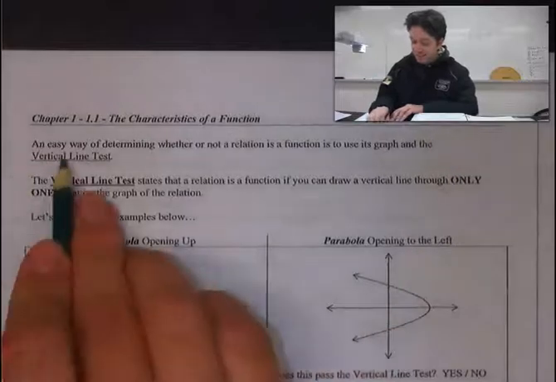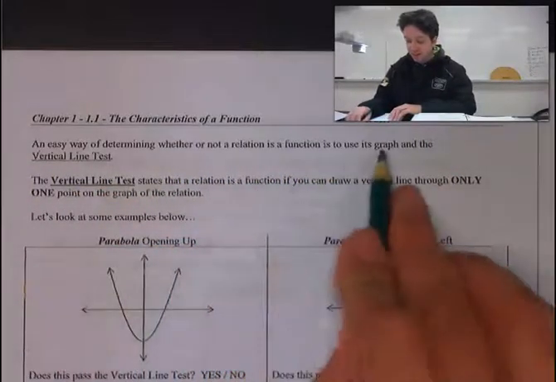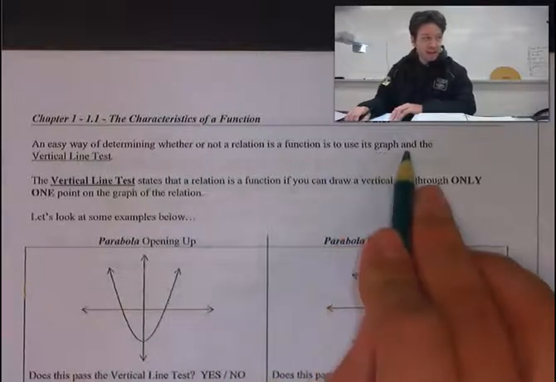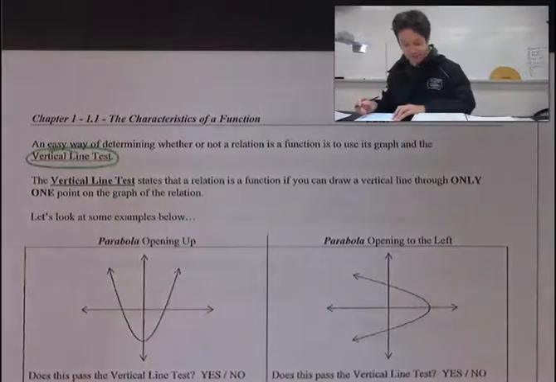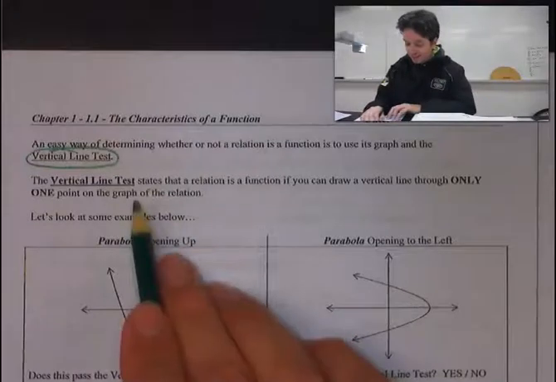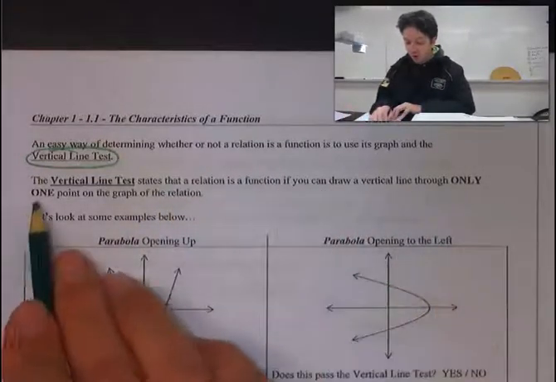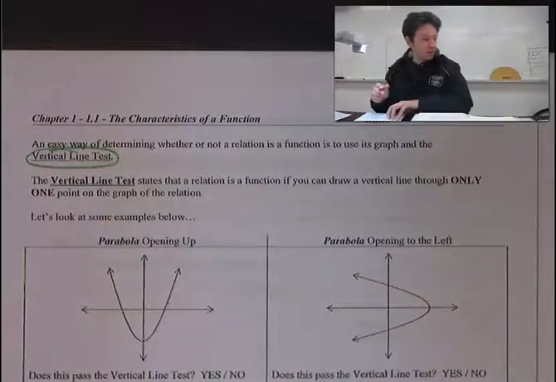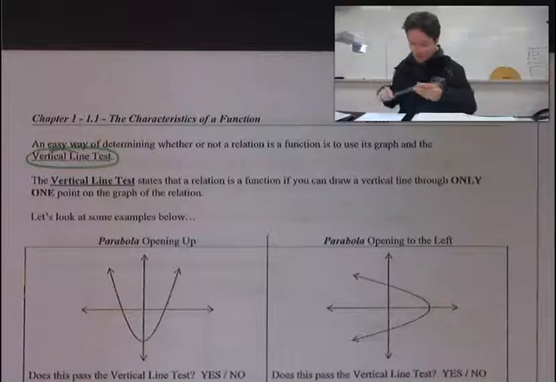It says an easy way of determining whether or not a relation is a function is to use its graph and something we call the vertical line test. The vertical line test states that a relation is a function if you can draw a vertical line through only one point. So let me grab a ruler and let me show you what I mean.